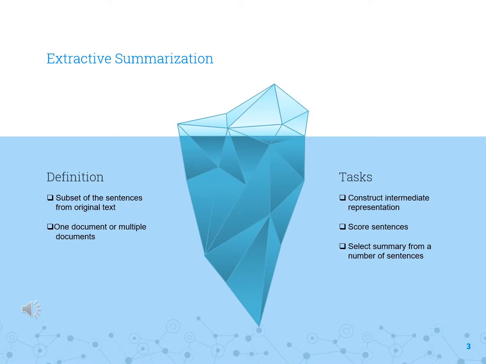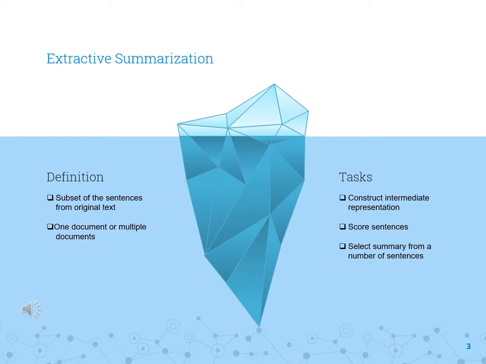Let's talk about extractive summarization. On the previous slide, we talked a little bit about extractive summarization. It is a subset of sentences from the original text. It could be summarized from one document or multiple documents. How does an extractive summarization system work? In order to understand this, a couple of independent tasks are performed.